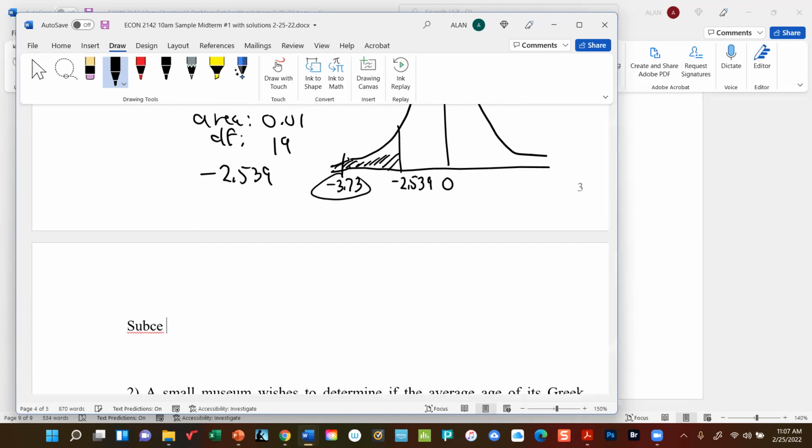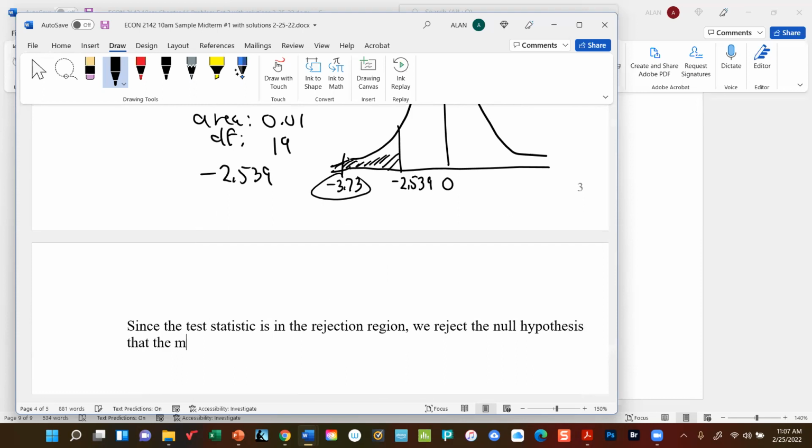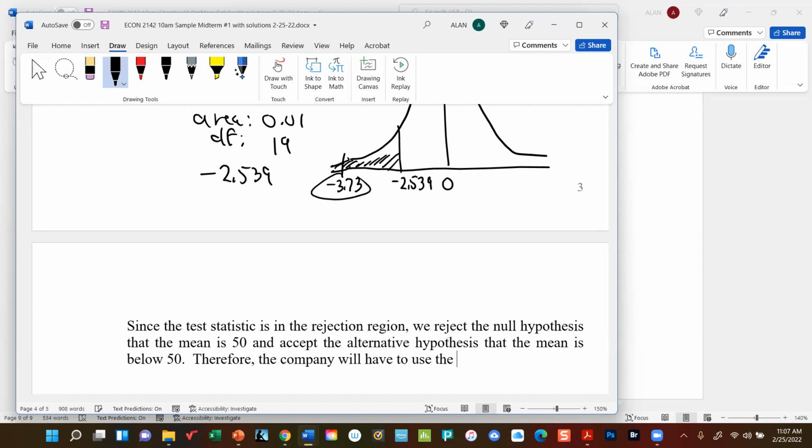Since the test statistic is in the rejection region, we reject the null that the mean is 50 and accept the alternative hypothesis that the mean is below 50. Therefore, the company will have to use the more expensive oranges.